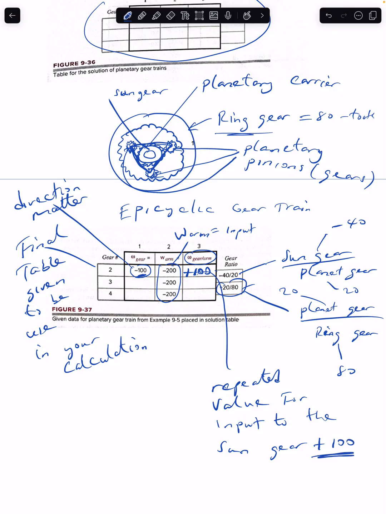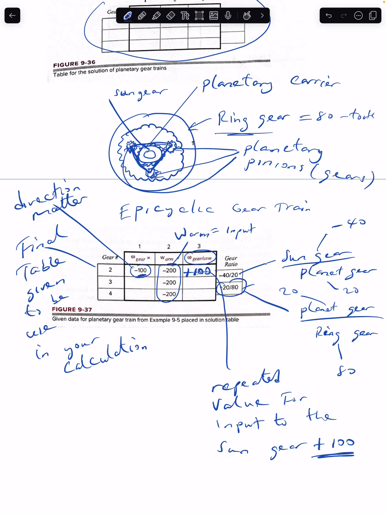So this table is given because when we have the angular velocity for the gear input for the sun as negative, the angular velocity for the arm and gear will be positive. It will just be an inverse because if one moves in the clockwise direction, the other gear must move in the anti-clockwise direction.